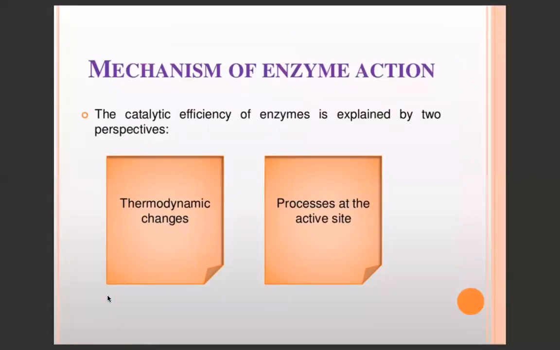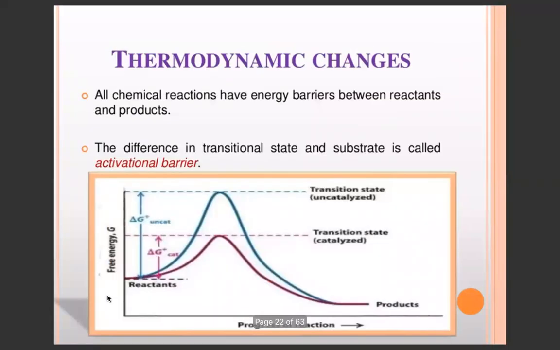Mechanism of action. Various theories have been proposed for the mechanism of action of enzymes. The catalytic efficiency of enzymes is explained from two perspectives: thermodynamic changes and processes at the active site.